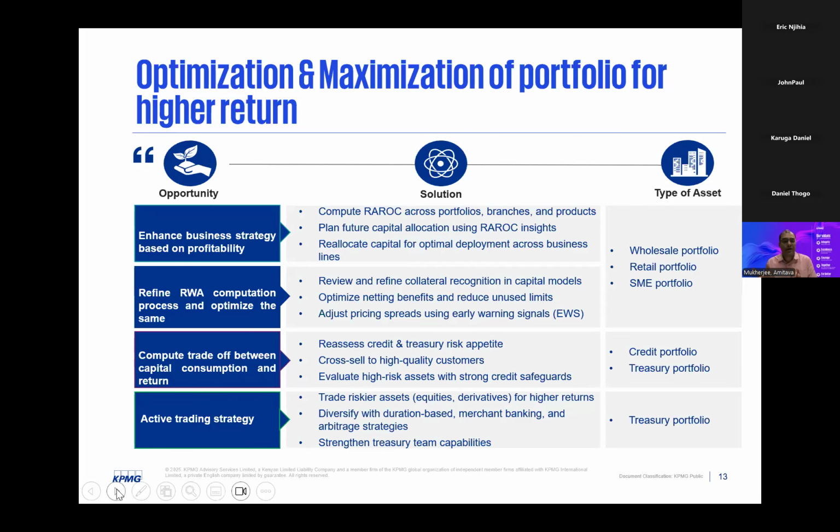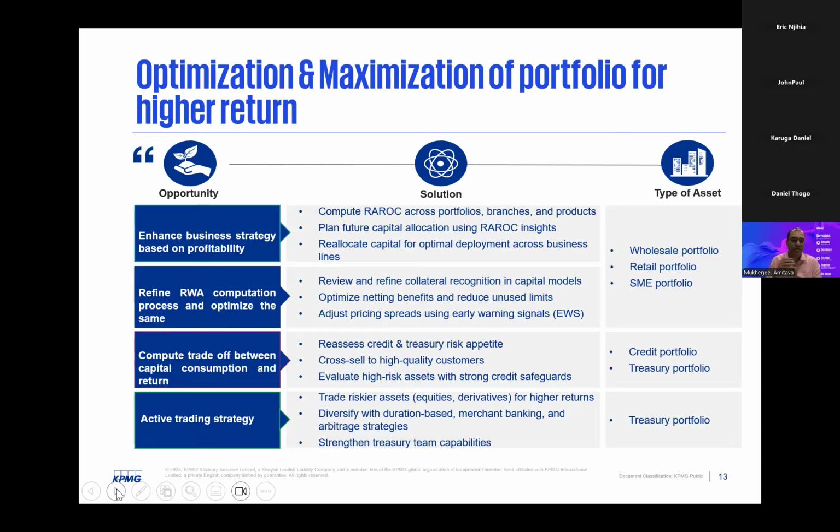We now have IFRS 9 regulation in place, so for every exposure we take, be it stage 1, 2, or 3, we have to create a provision. And hence there is a risk element. So what RAROC does is include the risk measures in a return, and hence it gives you a composite way to do a trade-off between capital consumption versus capital return.